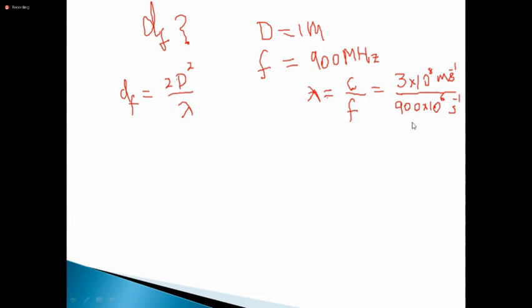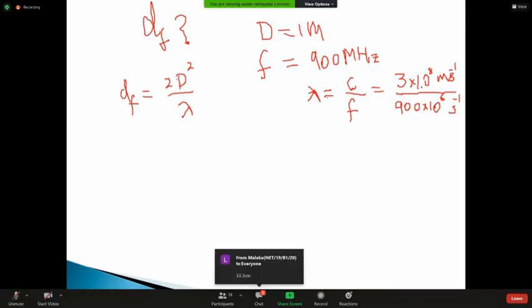Let's calculate this first. Because here it is 10 to the power 6, right? You have another 2 zeros here. So 10 to the power 8 and 10 to the power 8 get cancelled out, right? Yes, 33.3 centimeters, but I'm asking in meters.